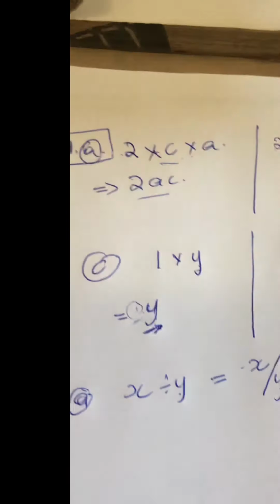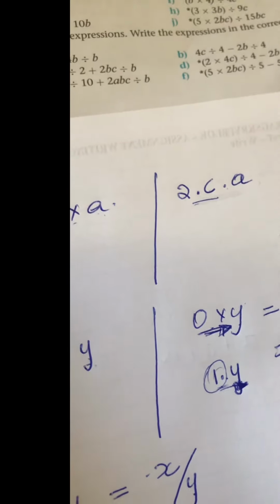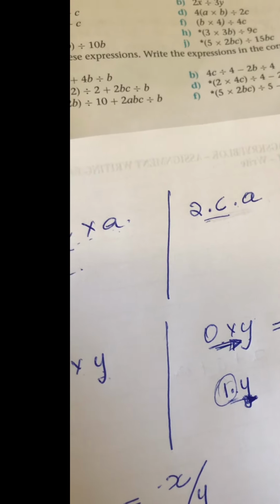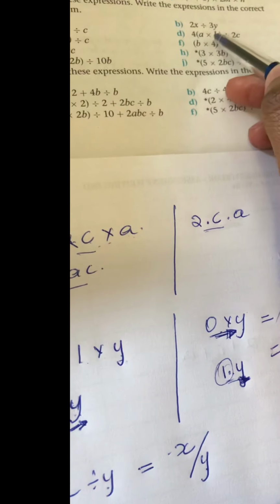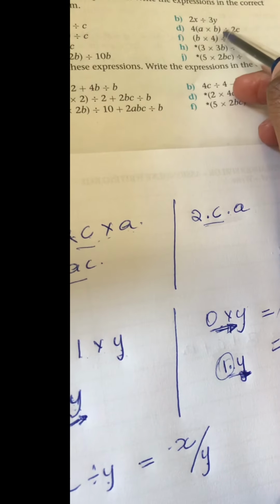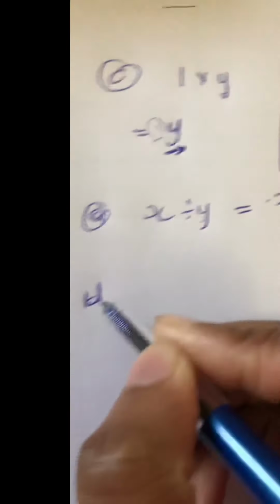The next question that we can take from this exercise, let's rather take exercise 2.d, which is this one: 4 into a times b divided by 2c. So let me write it here.